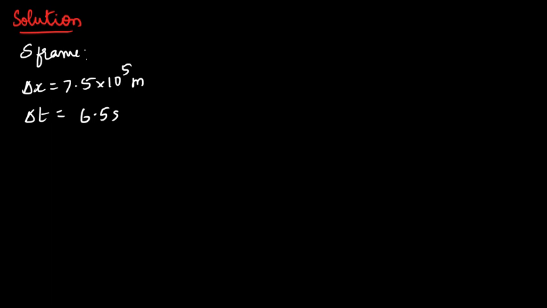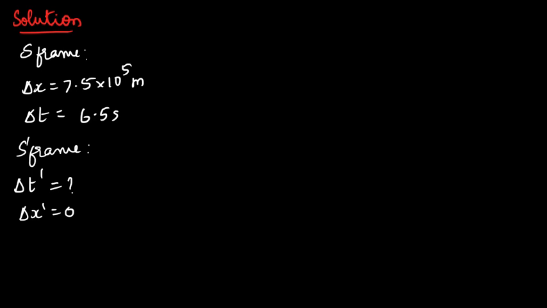If I say that my event is occurring in S frame, then it is separated by a distance 7.5 into 10 power 5 meter, and the time is 6.5 seconds. Now I have to find the proper time interval with respect to S prime frame. So here I have to find del t prime, and my del x prime will be 0 because under proper time interval, the events occur at the same location. So there is no change in distance.